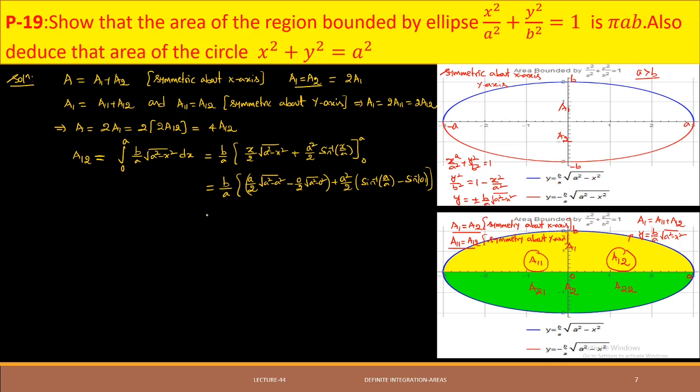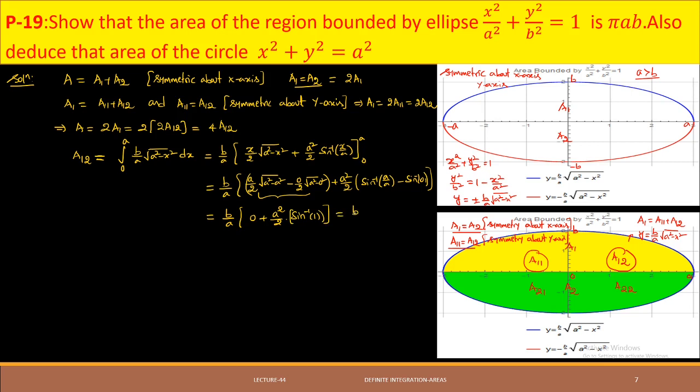So this is equal to b by a into, so from these two terms we will be getting 0 plus a square by 2 into sine inverse a by a, sine inverse 1. So sine inverse 1 is pi by 2.